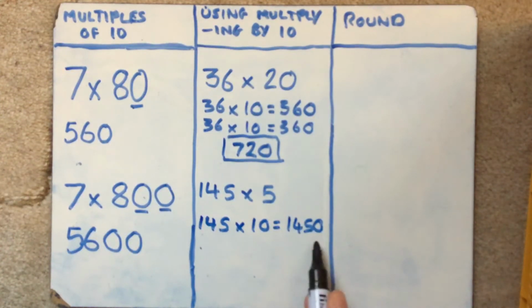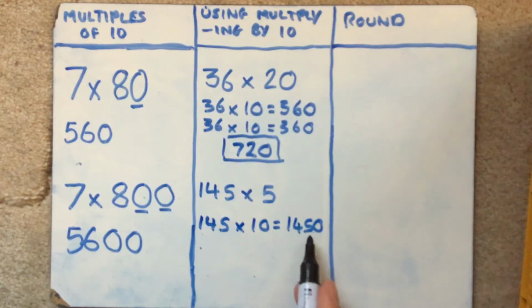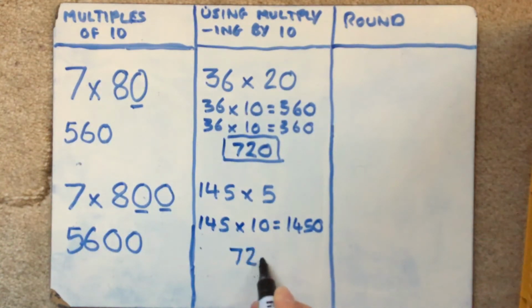And this time with my answer, instead of doubling my answer, I can effectively halve my answer. And if I can do that in my head, 725. And again, I'm doing all of this in my head, remember, year 5. That's the key thing this morning.